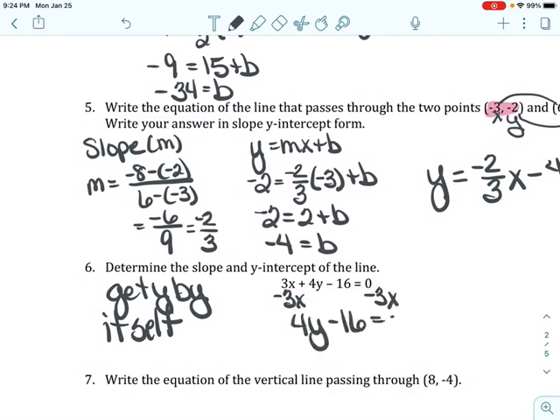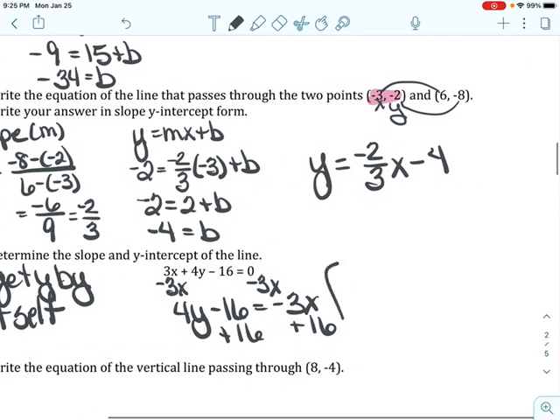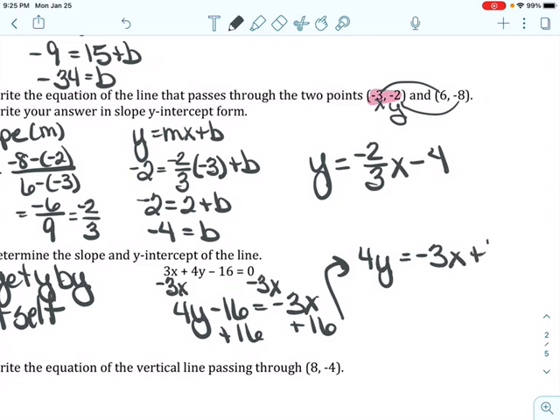So 4y minus 16 is equal to negative 3x. And I'm going to add 16. So 4y is equal to negative 3x plus 16. And then we're going to divide everybody by 4. So y equals negative 3 over 4 x plus 4.